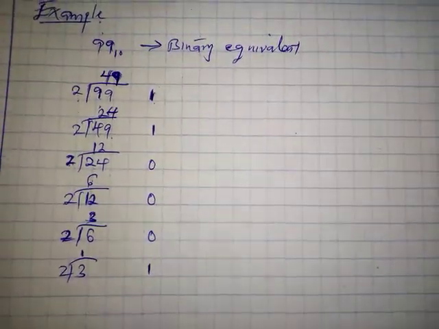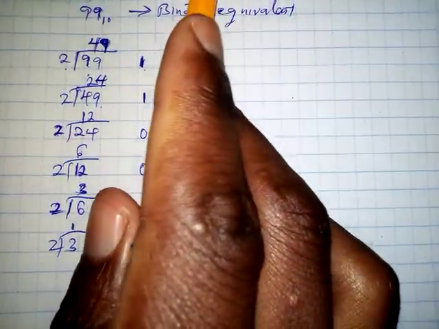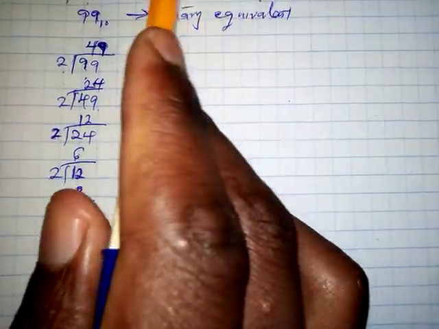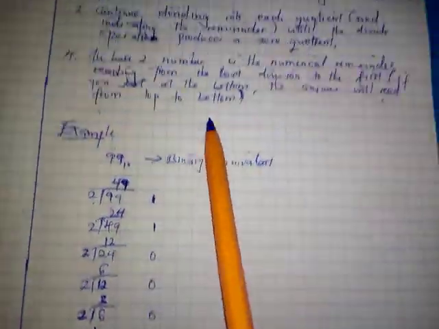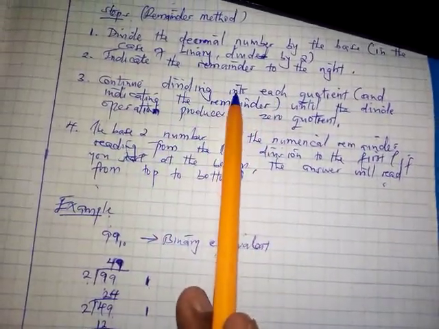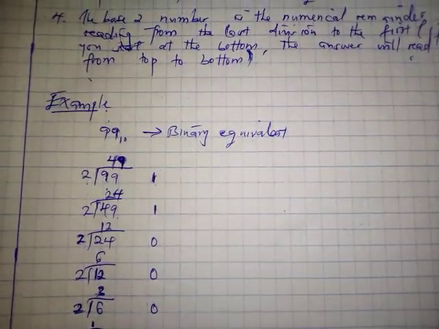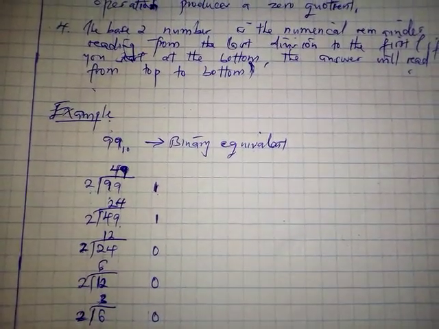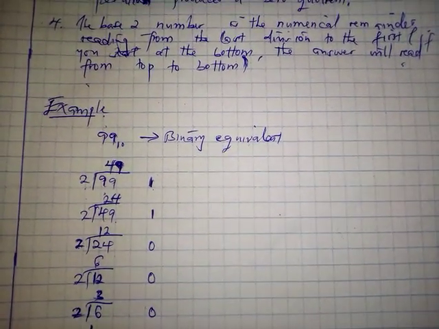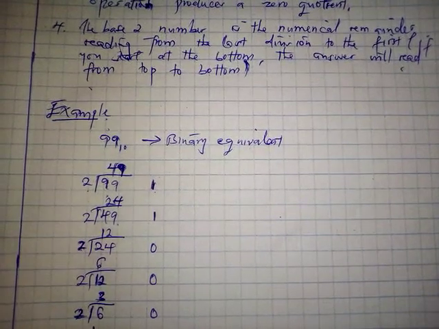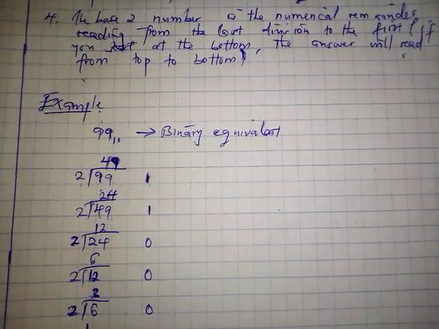Are we there? I have been told that you have to continue dividing until the divide operation produces a 0 quotient. So then you have 1 divided by 2 is 0. 0 times 2 is 0, the remainder 1.